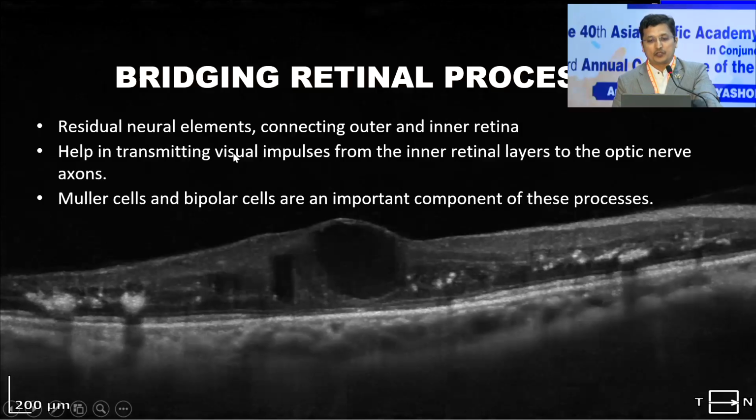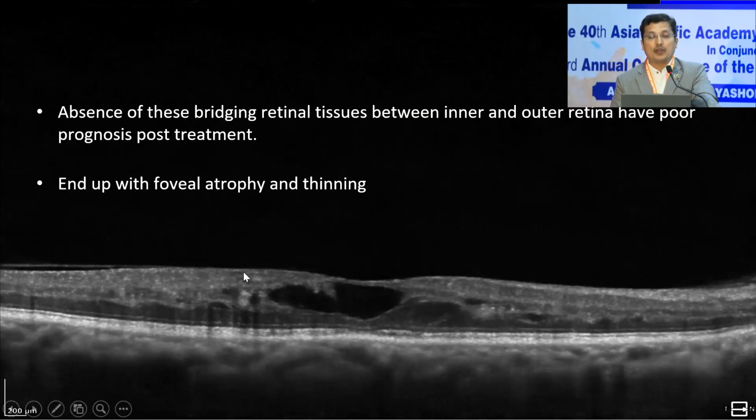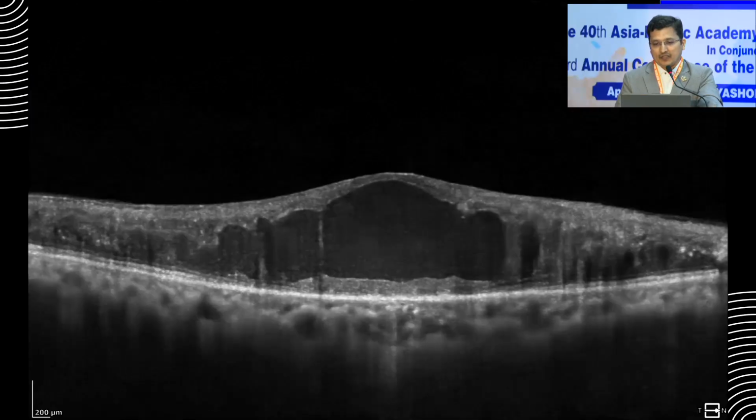Now these bridging processes are contributed by the Muller and the bipolar cells. Now, with time, with treatment or without treatment, you see some atrophy or foveal thinning. This is again an important sign that this macular edema is chronic and the outcomes with treatment will not be great.